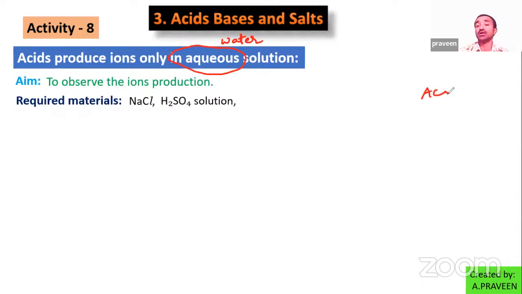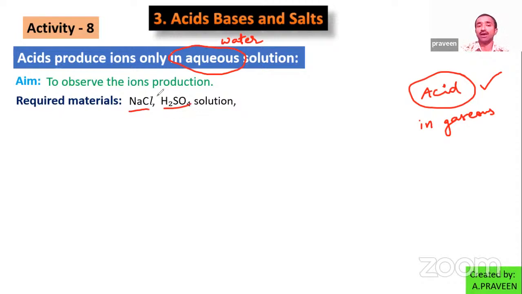No, here I have to observe without water. That's why I am trying to produce the acid in gaseous form. So for that I selected NaCl and H2SO4.